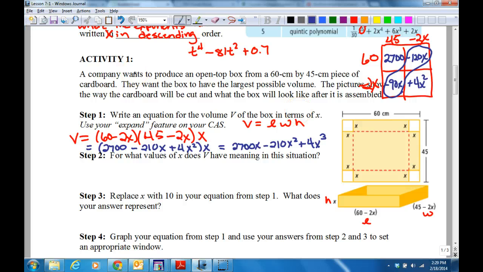Okay, so now it says, for what values of x does V have meaning in this situation? I want you to look back at the factored form right here. What values of x would not work? You don't want any of these to equal 0, right? So x cannot equal 0 itself. What else can x not equal?